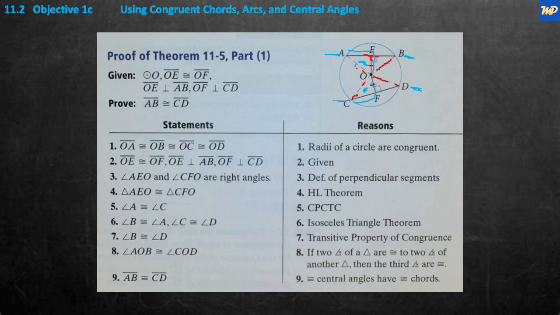And then if angle AOB is congruent to angle AOD, if two angles of a triangle are congruent to two angles of another triangle, then the third angles are congruent. That's kind of like what we were talking about, the transitive property.